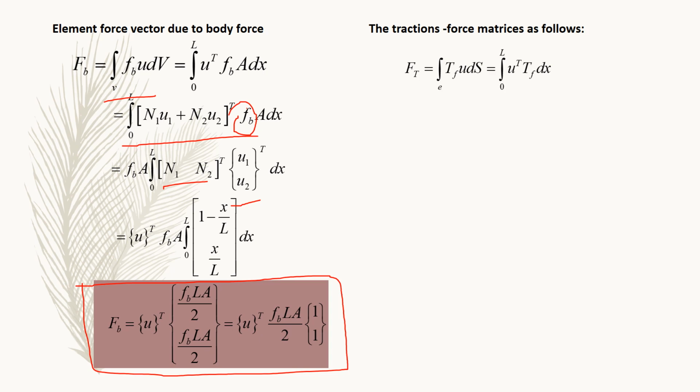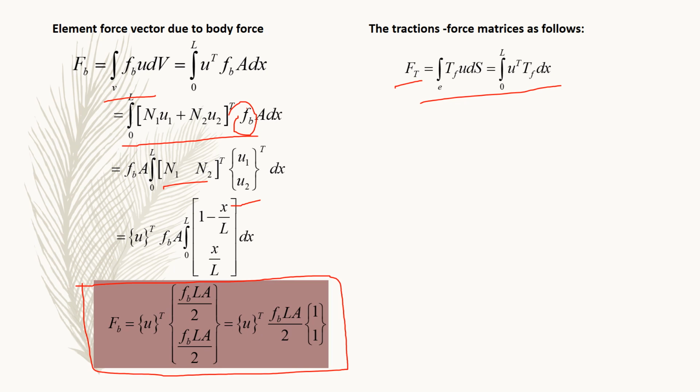So next, traction force. With the traction force matrix, we know this equation, and the starting equation represents all the forces, like body force, traction force, and point loads. This one is traction force. So traction force Ft is equal to Tf, U into dS.